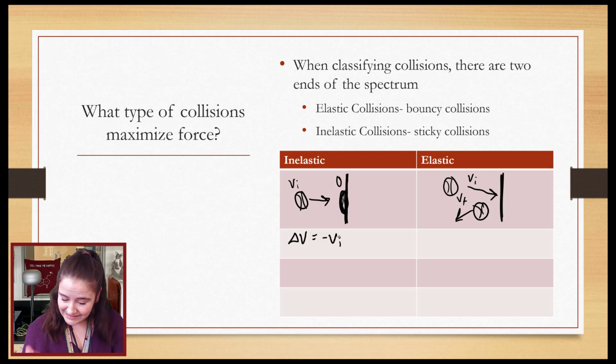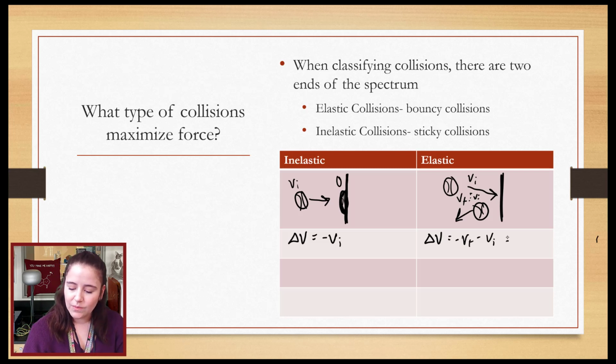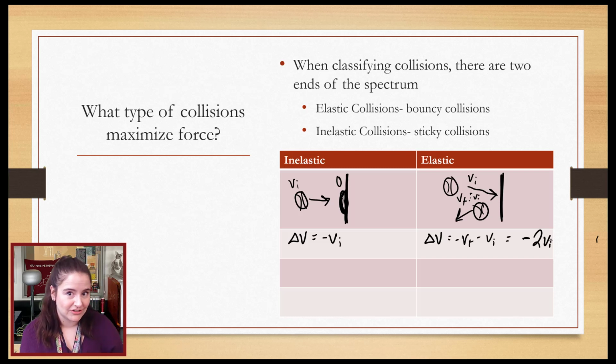In the elastic collision, that change in velocity will be v final minus v initial, and v final is in the opposite direction, okay? If it's a perfect elastic collision, it'll actually bounce off at the same speed that it hit at, but in the opposite direction. So we can think of that change in velocity as -2 v initial. It has twice the change in velocity of the inelastic collision.